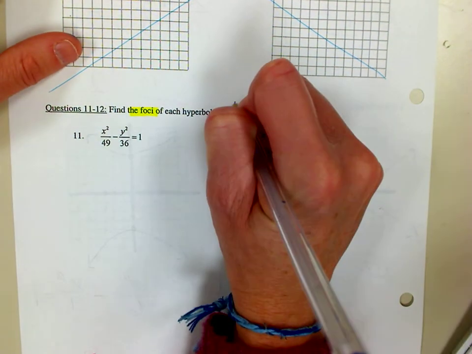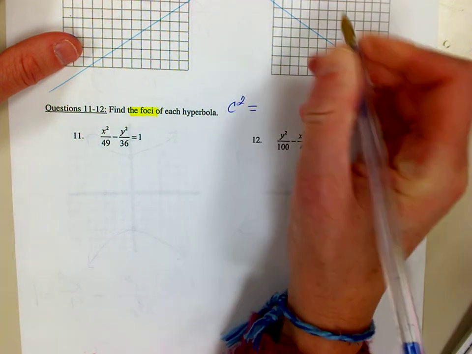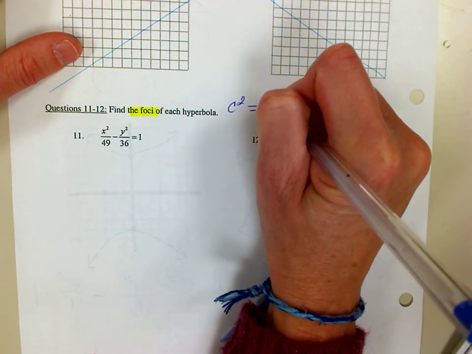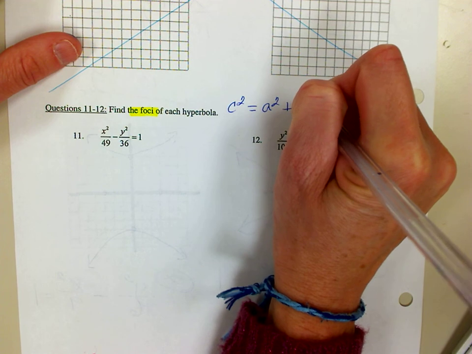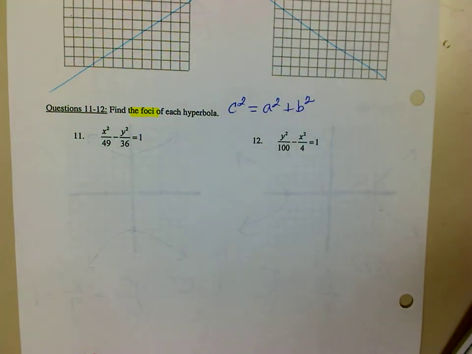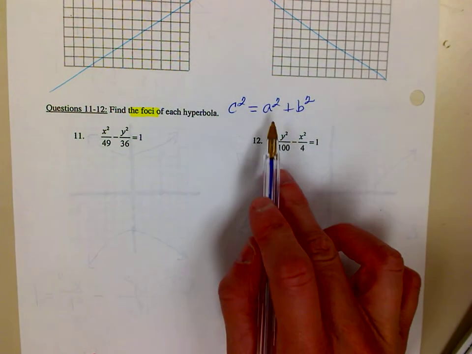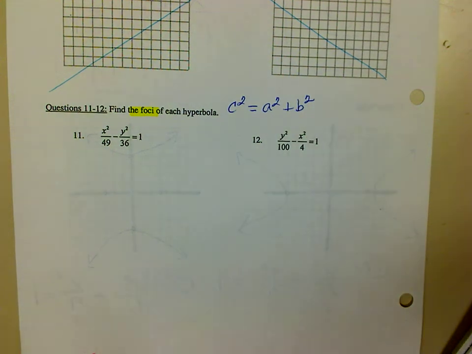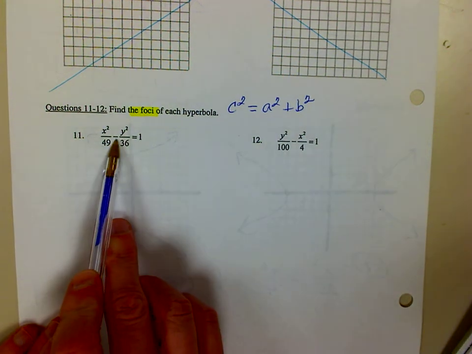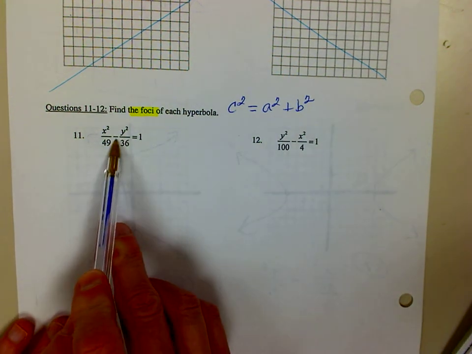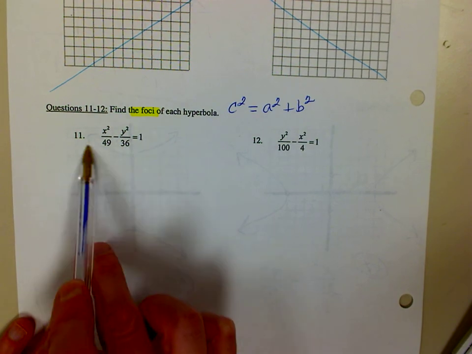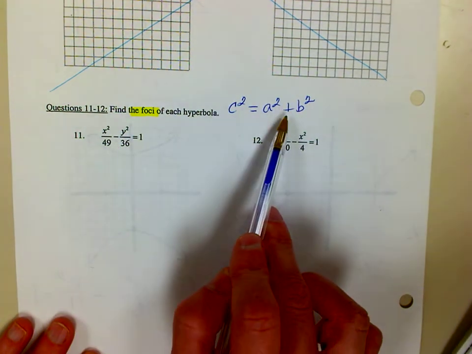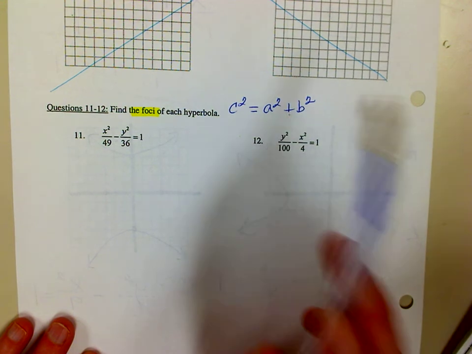For the hyperbola, it's opposite. It's going to be a squared plus b squared. The ellipse was a squared minus b squared. So it's kind of the opposite of the sign in the original equation. If their equation is minus, their foci formula is plus.